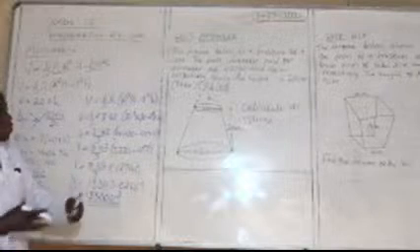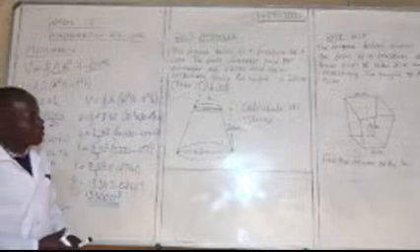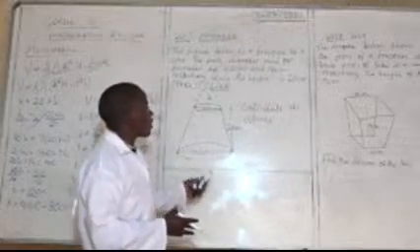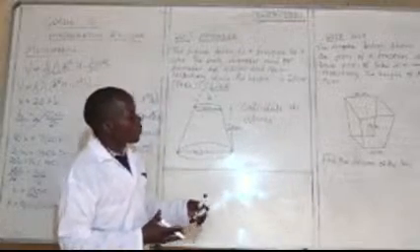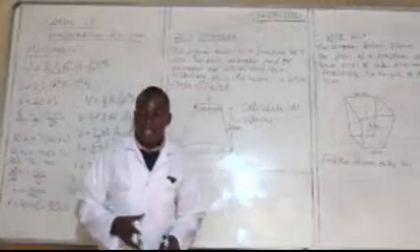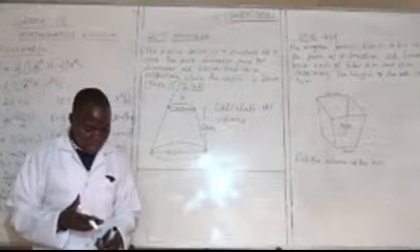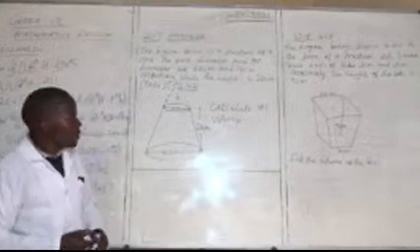So I've brought 2 questions. The other one we said is a conic frustum, and the other one here is a pyramid frustum. So after solving the conic frustum, let's see how we are going to solve the pyramid frustum.